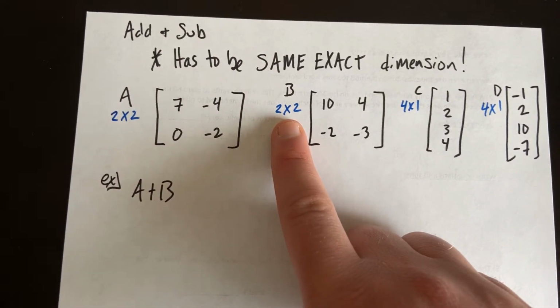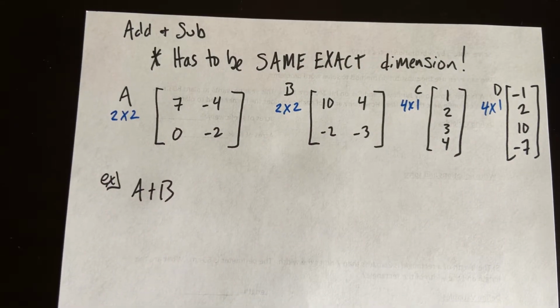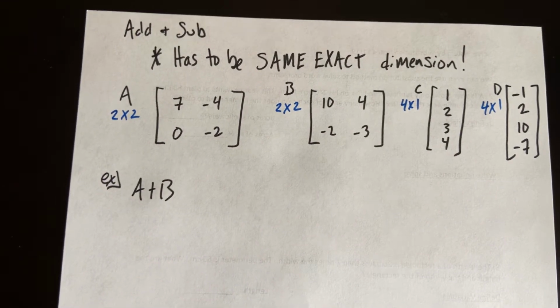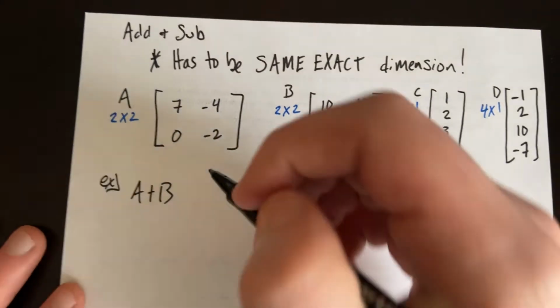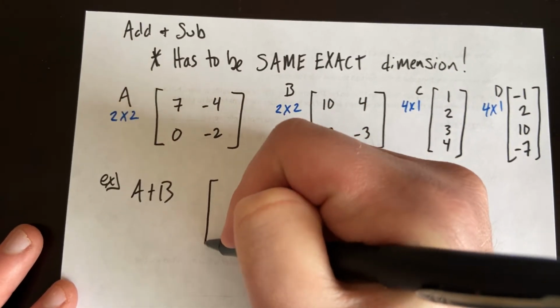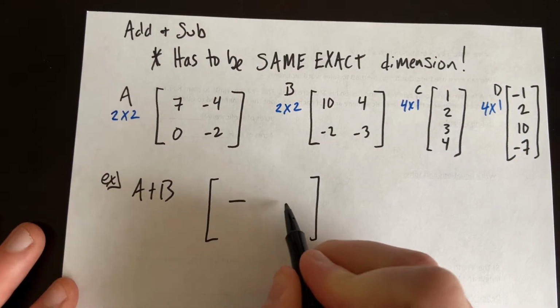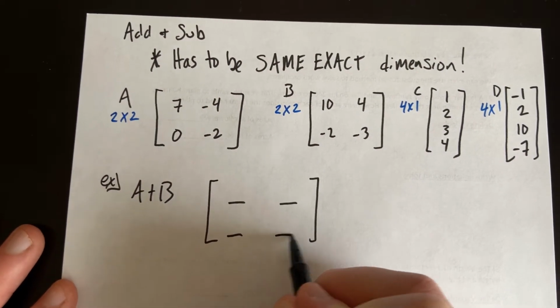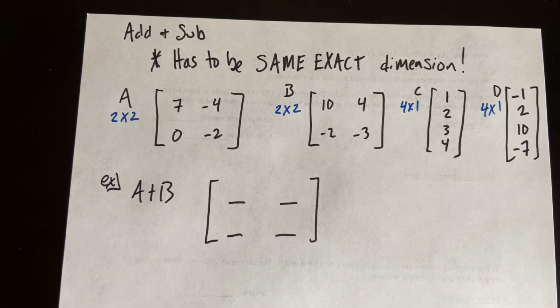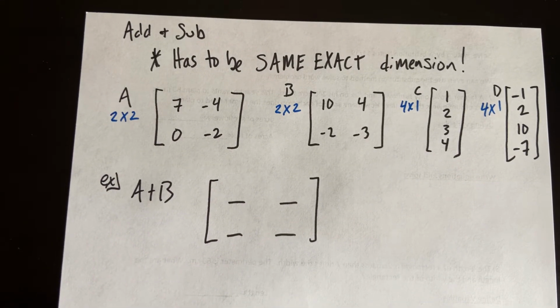So it has the same exact dimension, so we're able to add. And literally all this is going to mean is the corresponding parts, you're going to add them together. So if I put together my kind of 2 by 2 matrix here, right, we've got 2 rows by 2 columns. We take A, and we're going to add it to B.